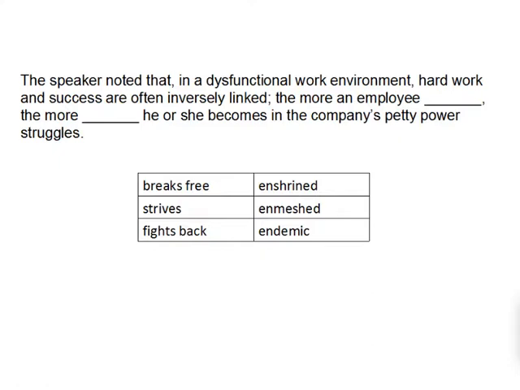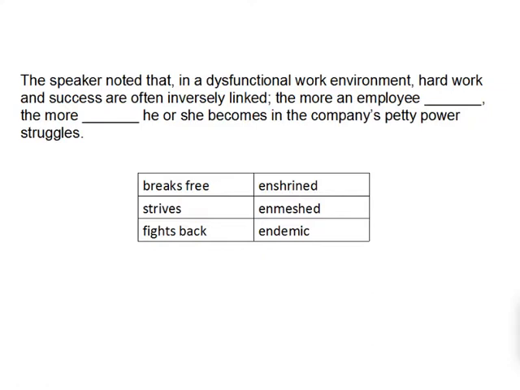Now, what's interesting is inversely linked typically means that something goes up and the other thing goes down. So we're going to have to be very careful here to sort out the meaning that something is going up, an employee does something more, then this other thing should go down. But they're actually using the modifier "more." So we just have to kind of switch the meanings in our mind.